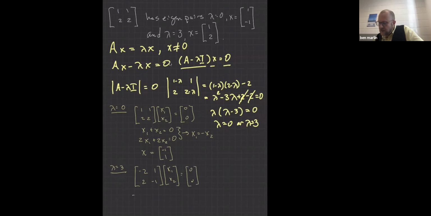But now we will have -2 x1 plus x2 equals 0. And notice that if we do the other one, it's really the same thing, okay? So I'm just going to go ahead here and say that my x2 needs to be 2 times my x1, and that's going to motivate me to choose my x and have the x1 be 1, so that the x2 is 2, all right?